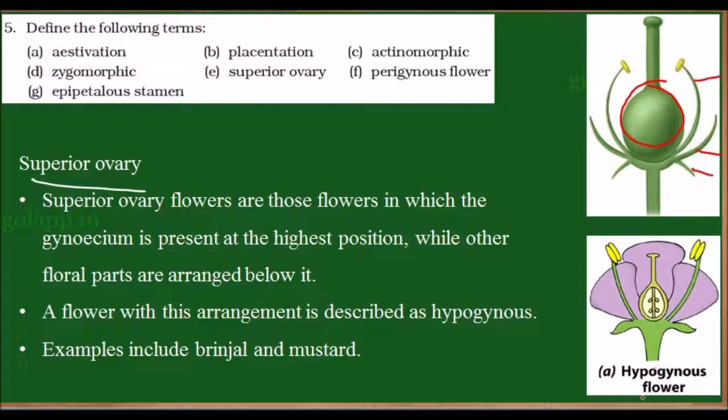Such arrangement is called hypogynous, and the ovary is called superior because it is present at the uppermost position and all other whorls are present below it. Hypo, all whorls are below the gynoecium, that is ovary. So we call it hypogynous, but the ovary is said to be superior. Examples include brinjal and mustard. So this is about superior ovary.